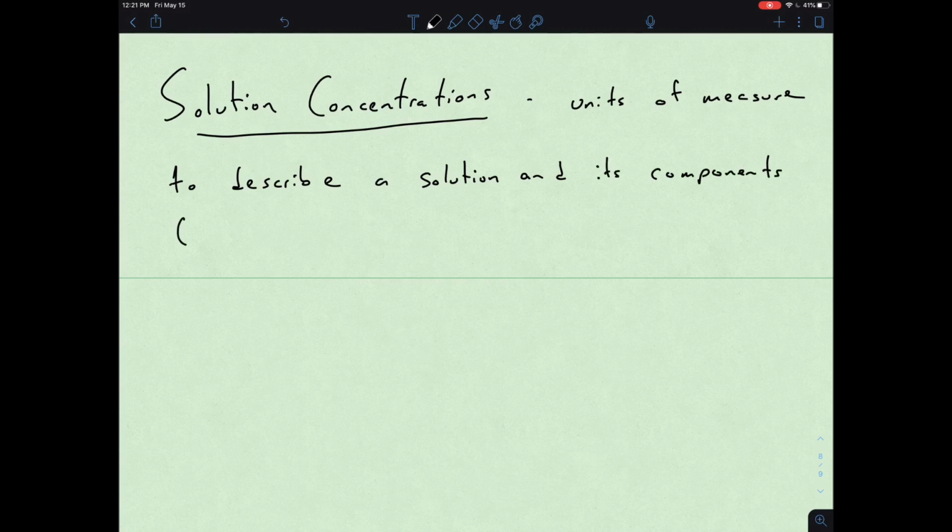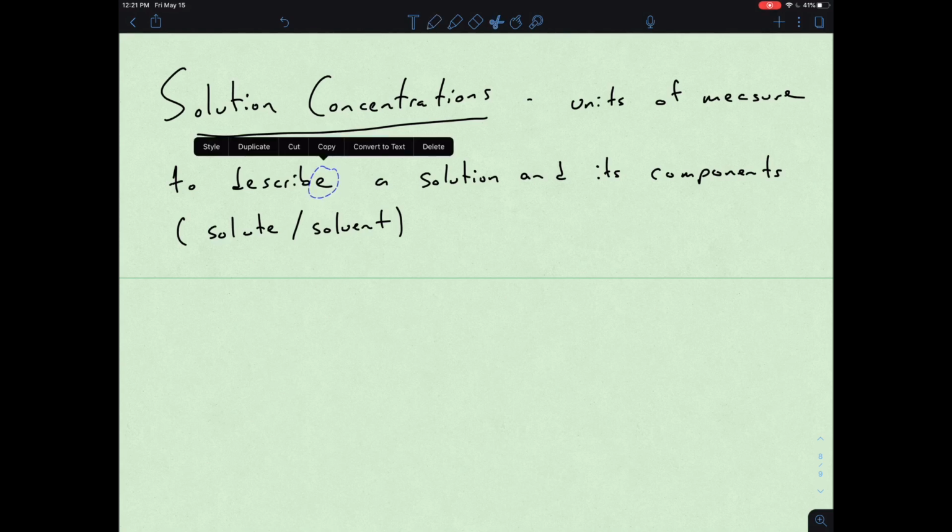This is just a way to describe its components in terms of units of measure. So we have different concentration units we have to worry about.